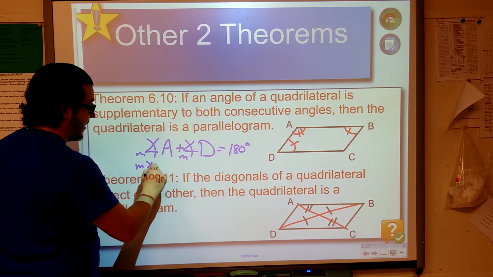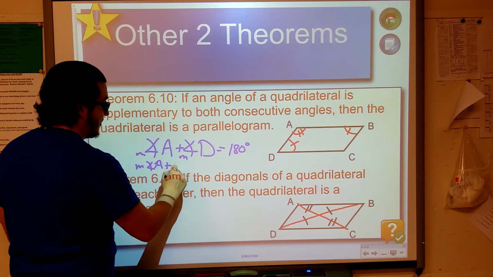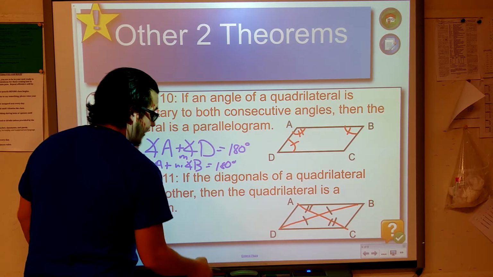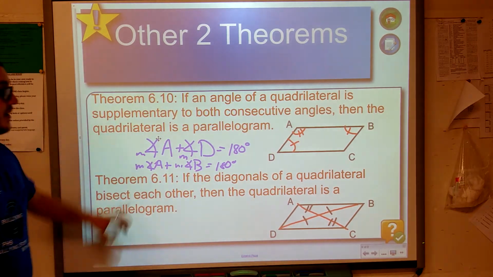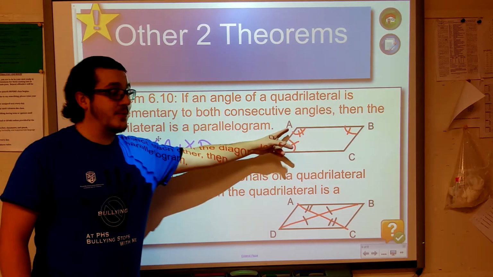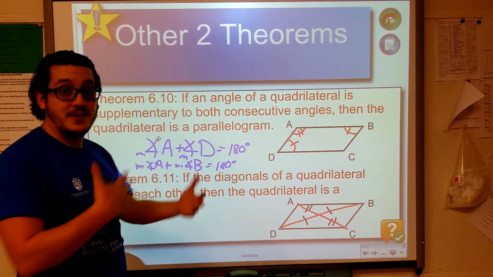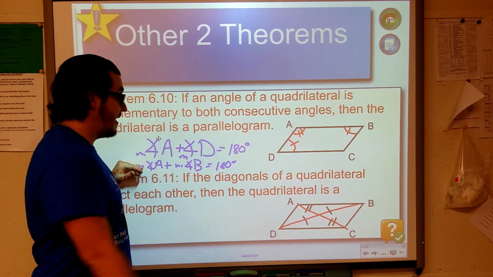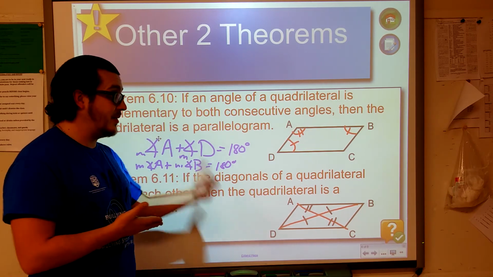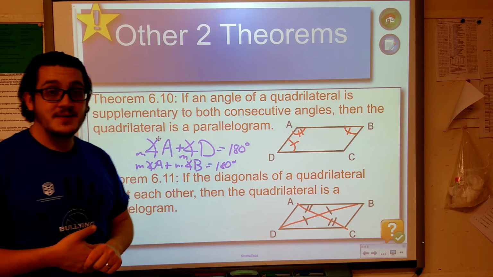So if the measure of angle A plus the measure of angle B is equal to 180, then we would know, if we knew that both angle D and angle B add up with A to equal 180 individually, A plus D equals 180, A plus B equals 180, then we would know we would have a parallelogram.